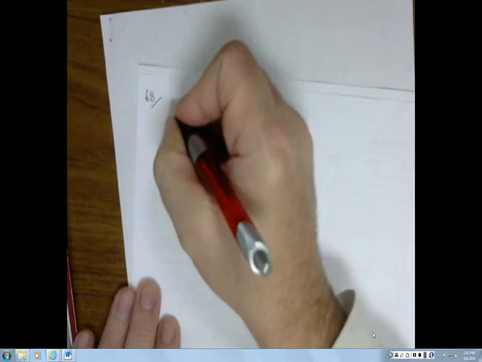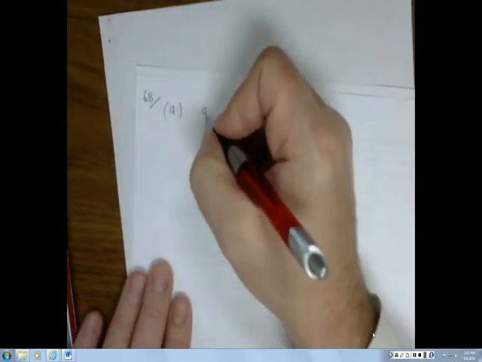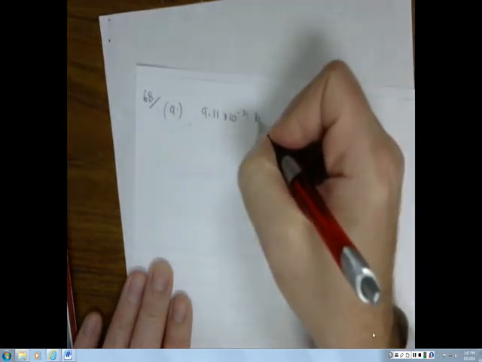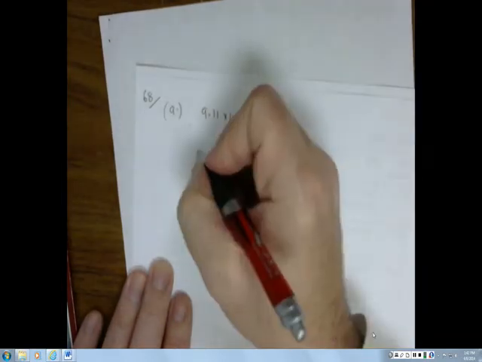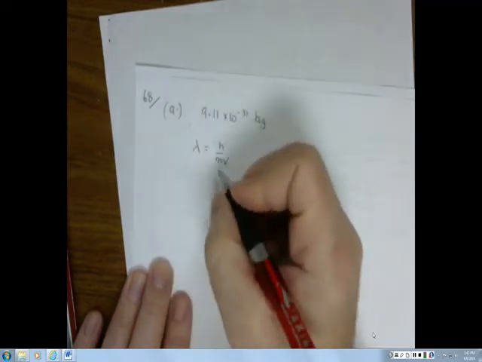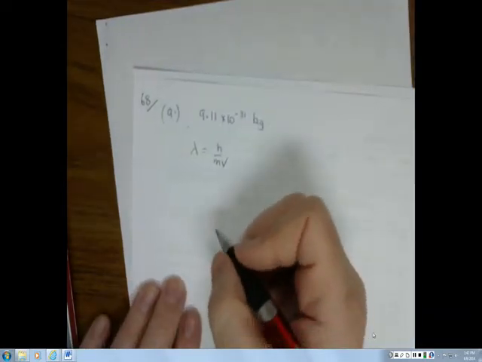So if they all had a wavelength of 750 nanometers. Okay, here we go. So A, it's an electron, and it has mass 9.11 by 10 to the minus 31 kilograms. So lambda equals h on mv, and we've got to solve for what velocity is.